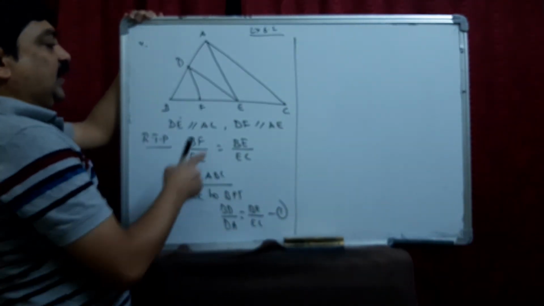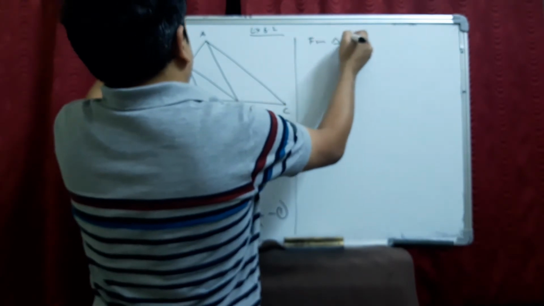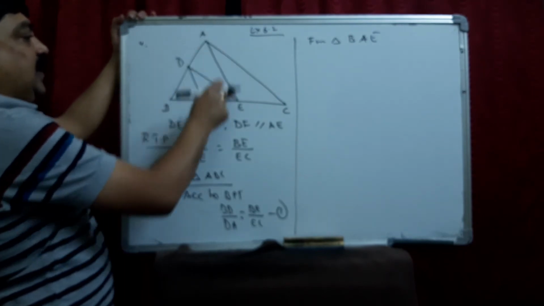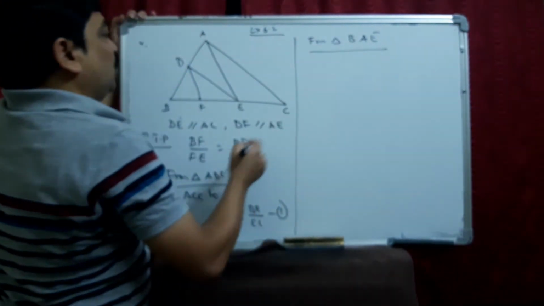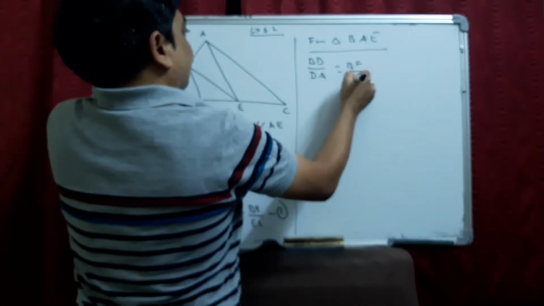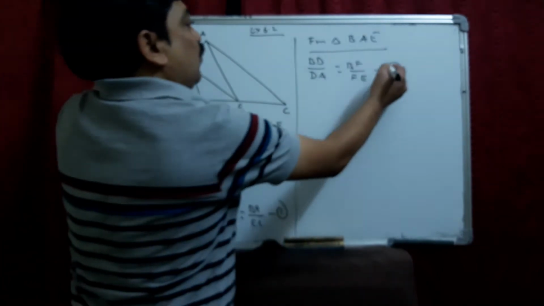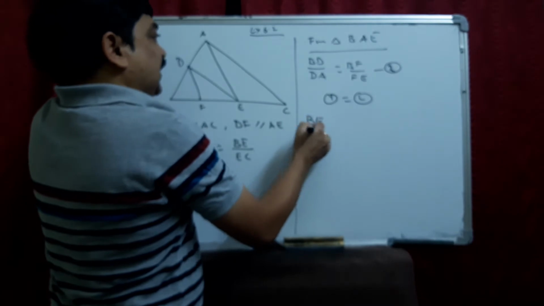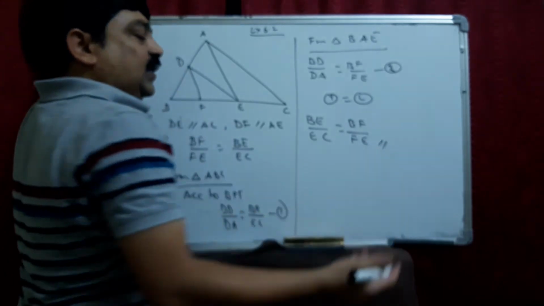Now the next condition, DF parallel to AE, I should take triangle BAE. DF is parallel to AE. Now the ratio will be BD by DA is equal to BF by FE. This is equation 2. When you see equations 1 and 2, both left hand sides are same, so you can equate 1 and 2. So BE by EC will be equal to BF by FE. Over. That's it.